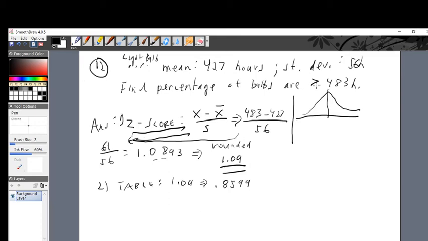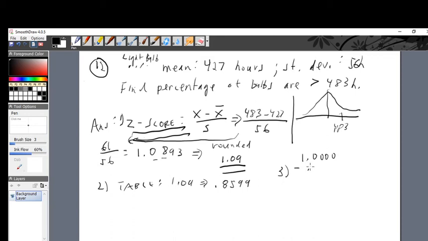Now, greater than: here's 483, let's say, and everything to its right is greater than. So we want to the right of it. If we want to the right, we learned step 3: take the number 1.0000, subtract the z-score, and make sure you look up the z-score properly. I don't know if I looked it up properly.